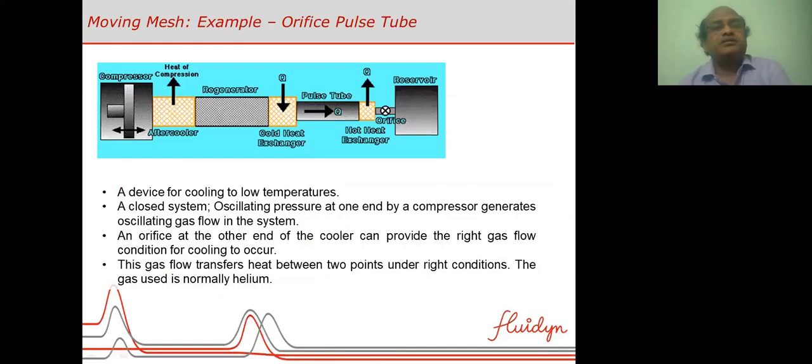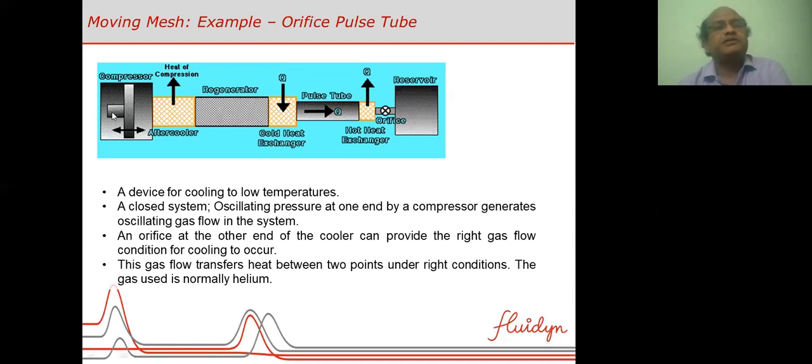Or in the case of a moving piston problem. As an example, I have shown what is called an orifice pulse tube, OPT, a device which is actually used as a heat exchanger to take away heat.